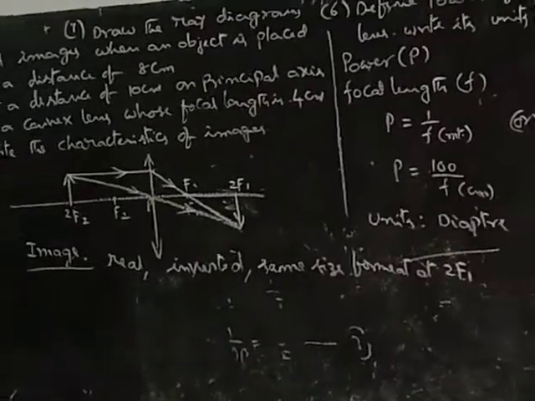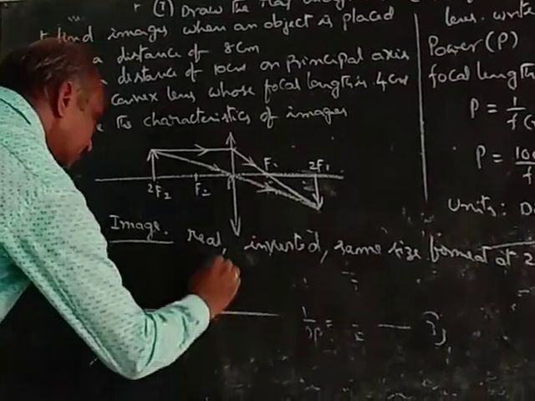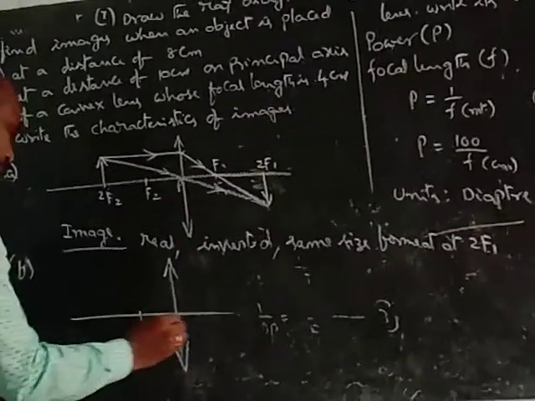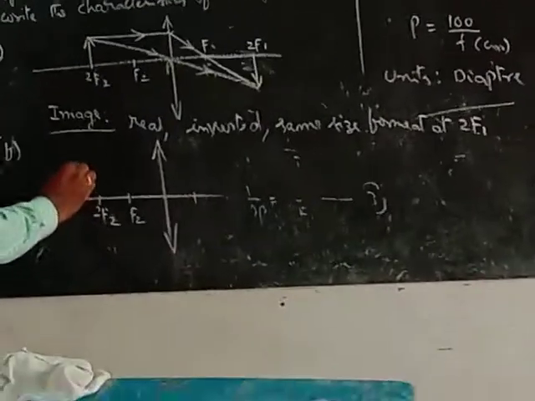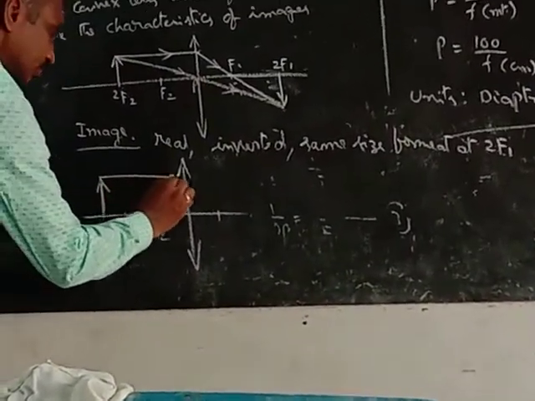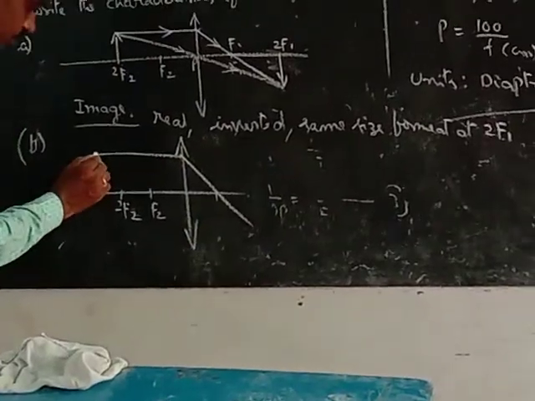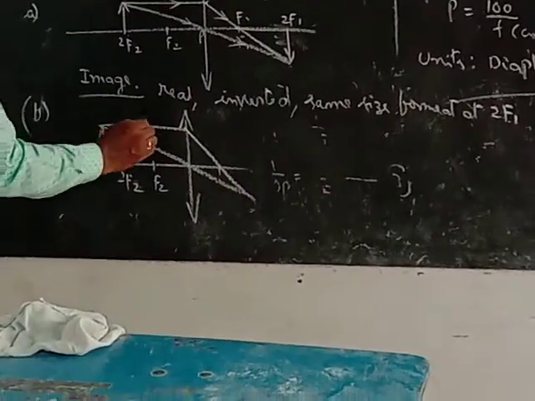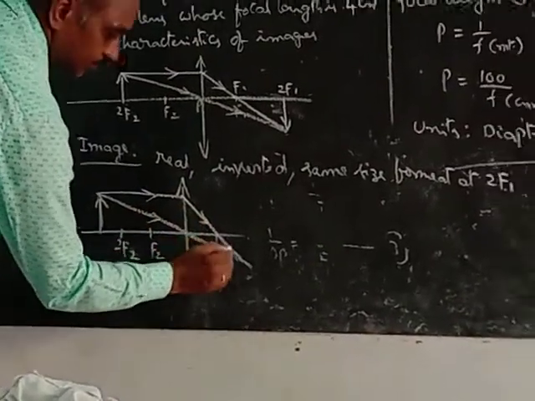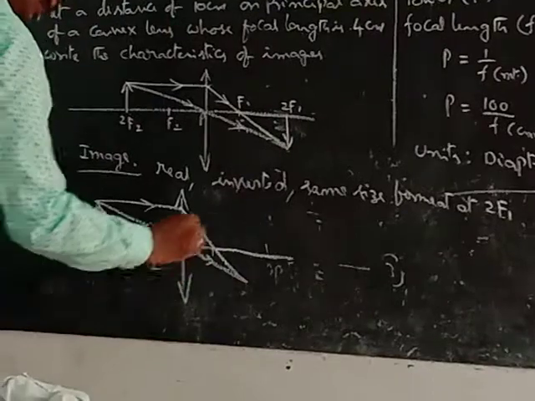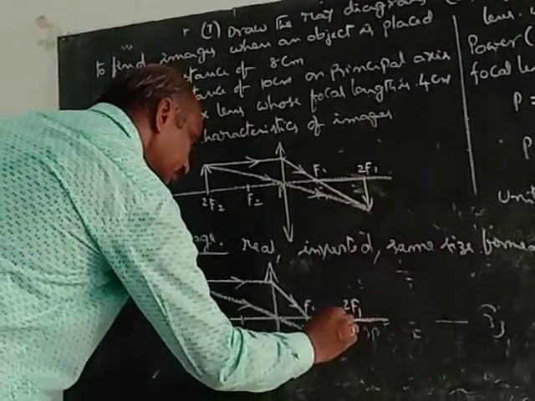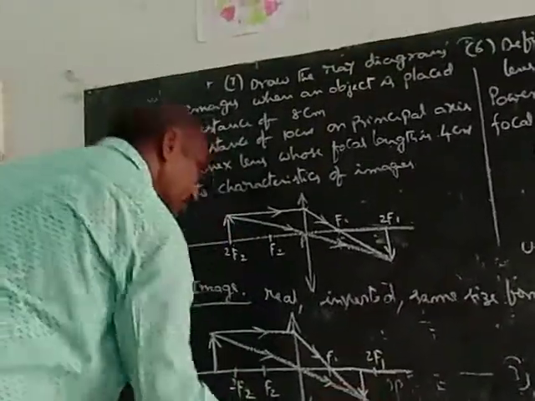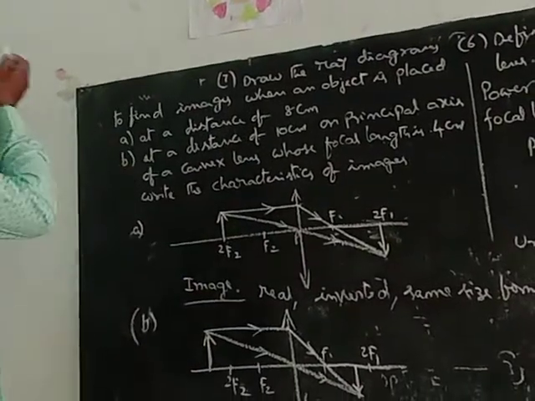Here B is at a distance of 10 centimeters. This is F1 to F. Here the image is formed between F1 and 2F1.